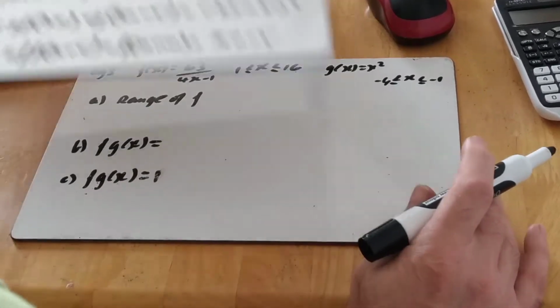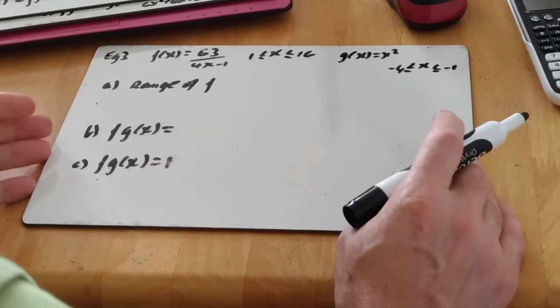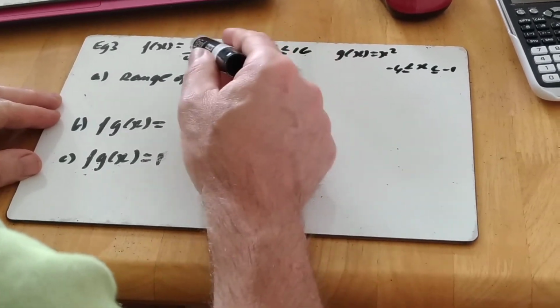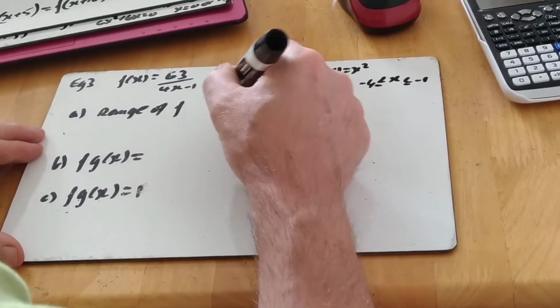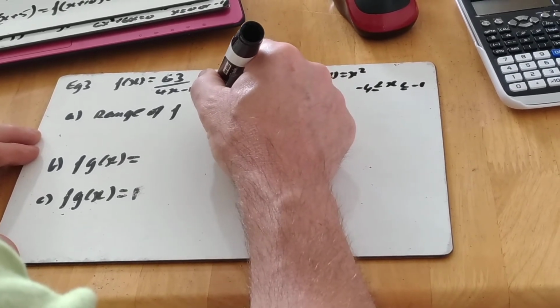Your typical A-level question though, here we go, combines all the things we looked at in the last couple of lessons. Here's two functions. f of x is 63 over 4x minus 1, where x lies between 1 and 16, and g of x is x squared, where x lies between minus 4 and 1. So I need the range of f. So it's what we were doing last time round. It's probably not a bad idea to do a little sketch here.